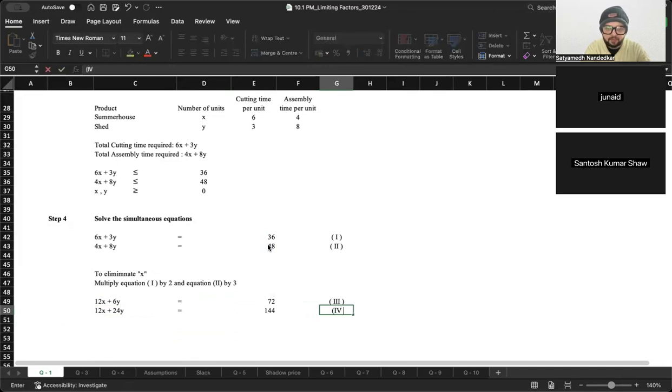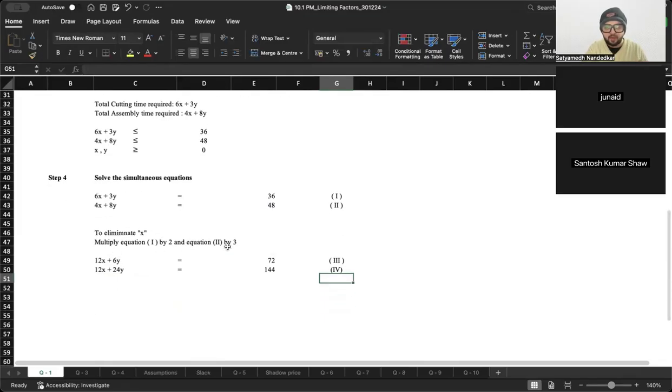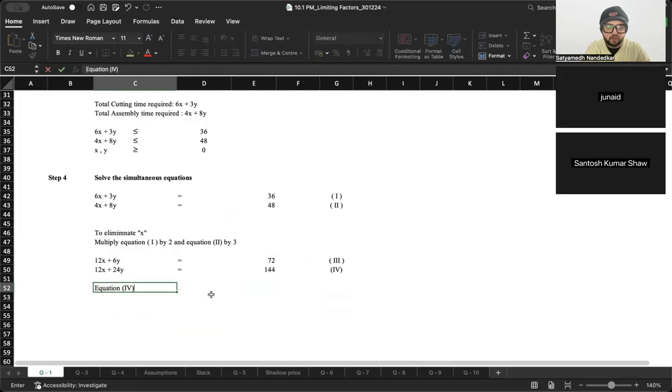So now I have my two equations, 12x plus 6y, and 12x plus 24y. Now it's easier to eliminate the variables. Okay, I'll do equation 4 minus equation 3.